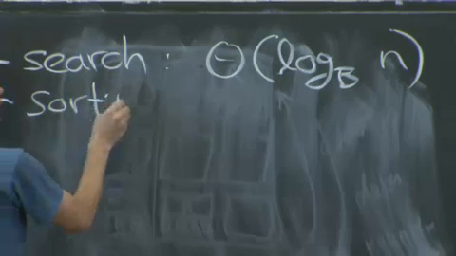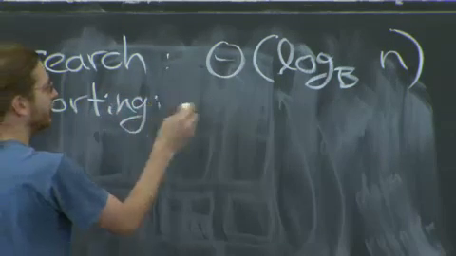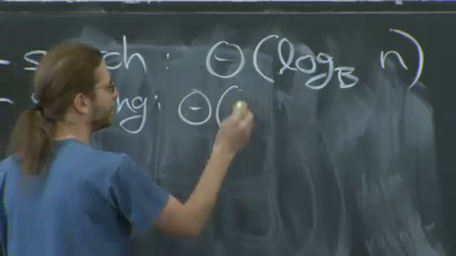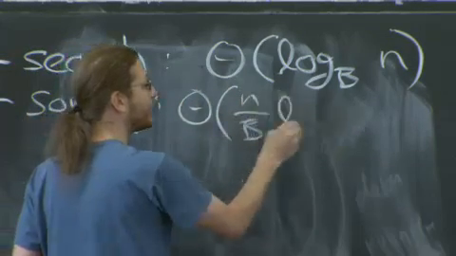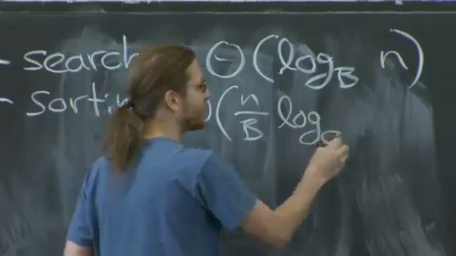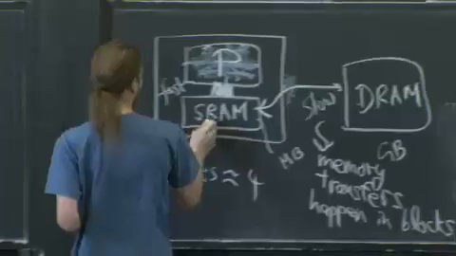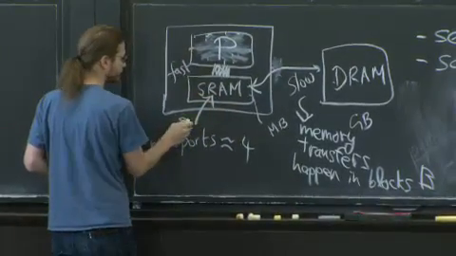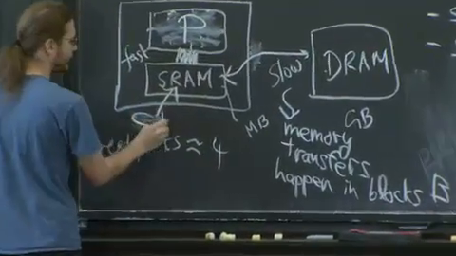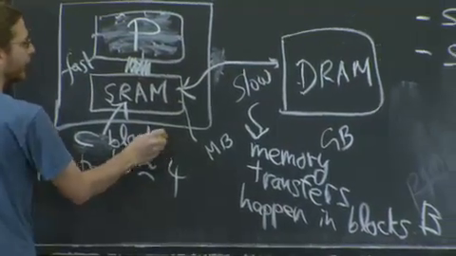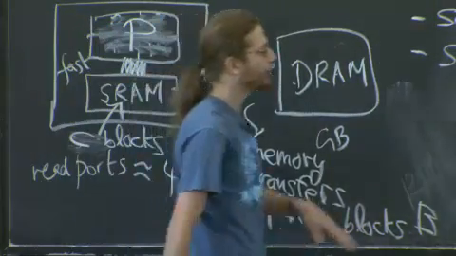Sorting, another classic. Just to give you an idea of how this gets a little complicated, you get n divided by B times log base C of n divided by B. C is the number of blocks that fit in your cache. So there's C different blocks that fit in your cache. That's the optimal way to sort.